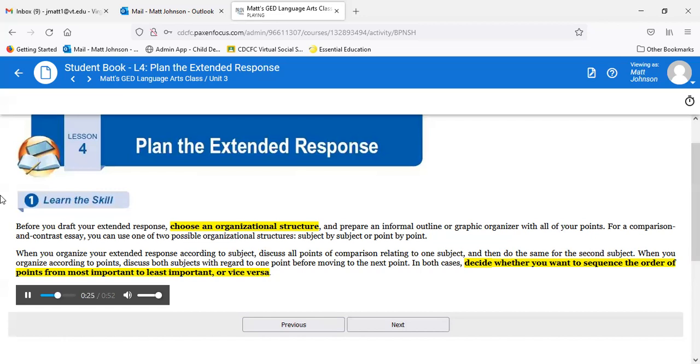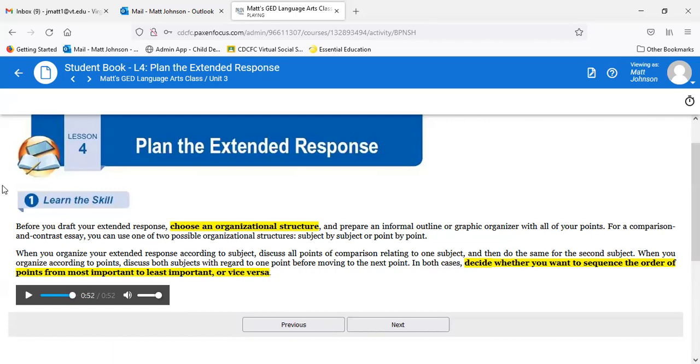When you organize your extended response according to subject, discuss all points of comparison relating to one subject, and then do the same for the second subject. When you organize according to points, discuss both subjects with regard to one point before moving to the next point. In both cases, decide whether you want to sequence the order of points from most important to least important, or vice versa.